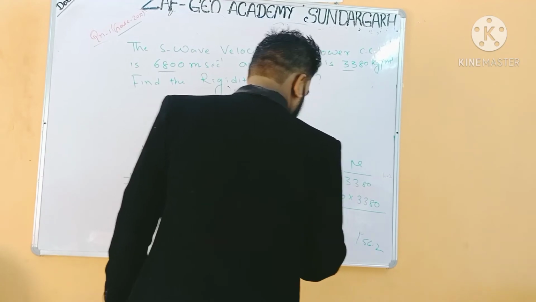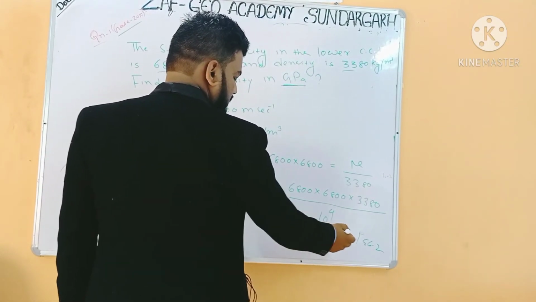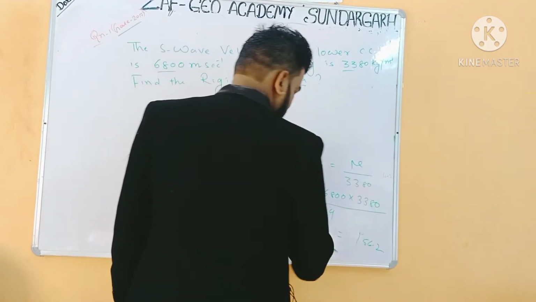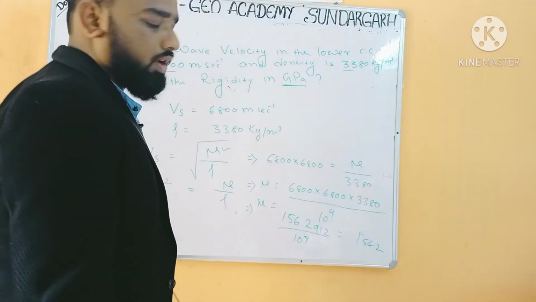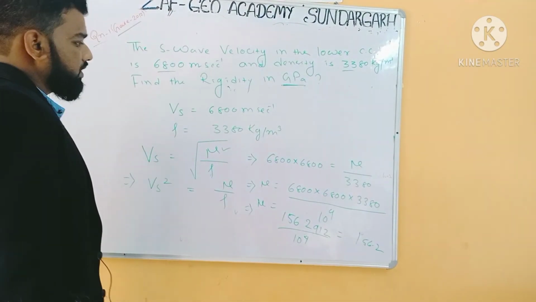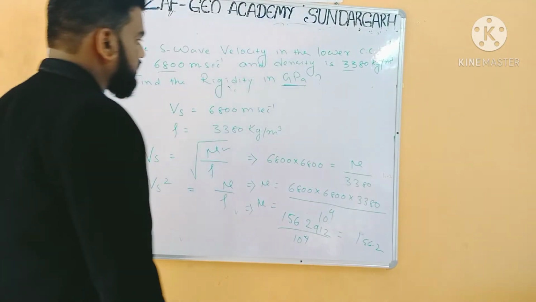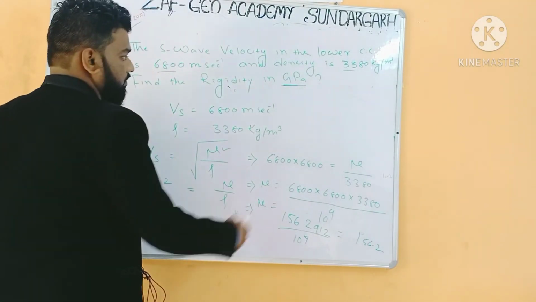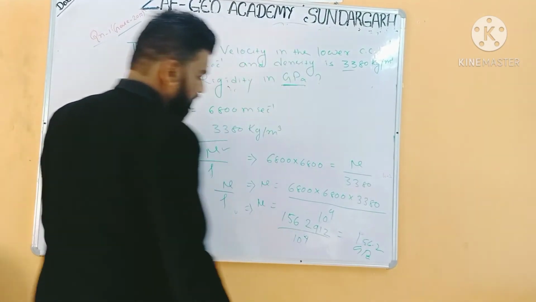There is no point here: 1562912 divided by 10 to the power 9. So 10 to the power 4, we got 156.2. You can calculate it yourself using a calculator. The calculator is also given on the desktop in the exam. So the answer will be 156.2 gigapascal.